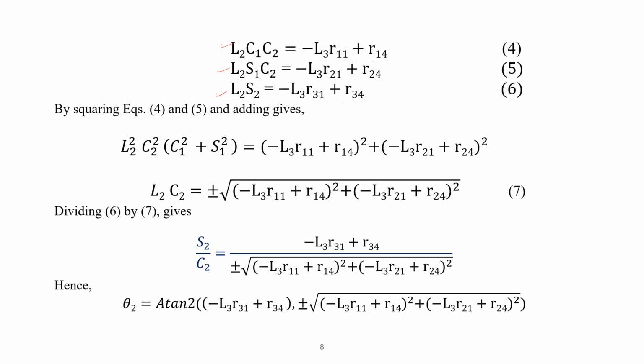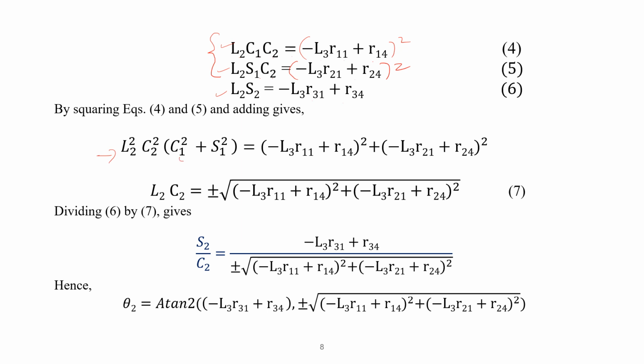In order to solve for theta 2 and theta 3, we will square and add the first two equations. So we get L2 squared C1 squared C2 squared is equal to this term the whole square, plus on the left hand side L2 squared S1 squared C2 squared, plus this term the whole square. So that is what you have here.